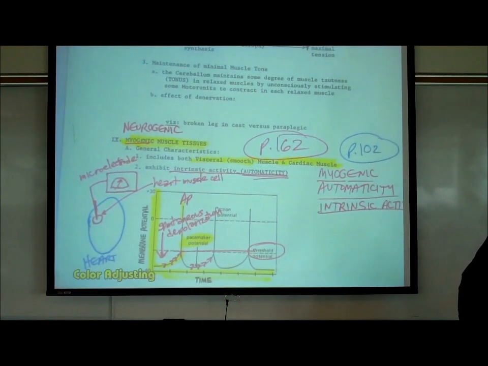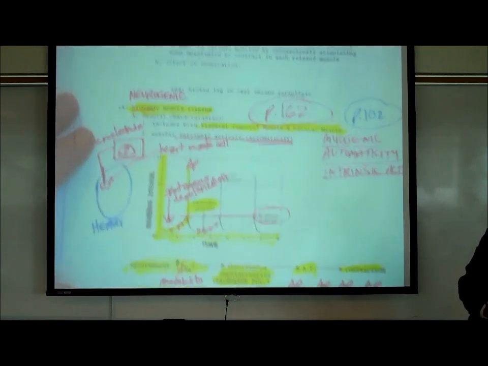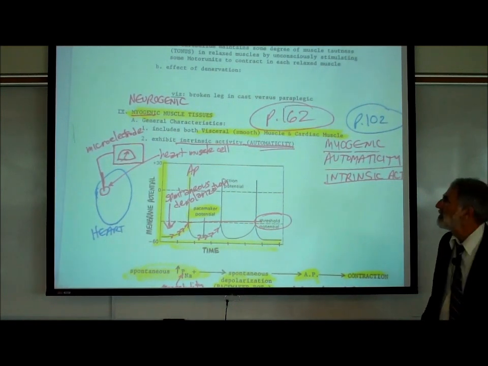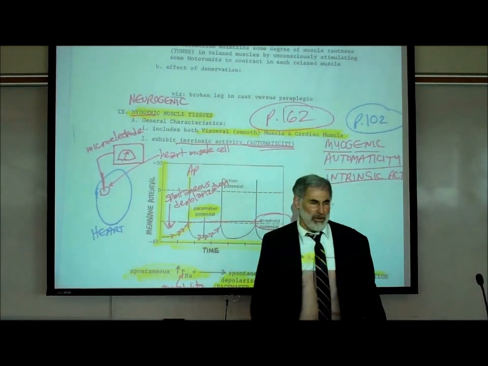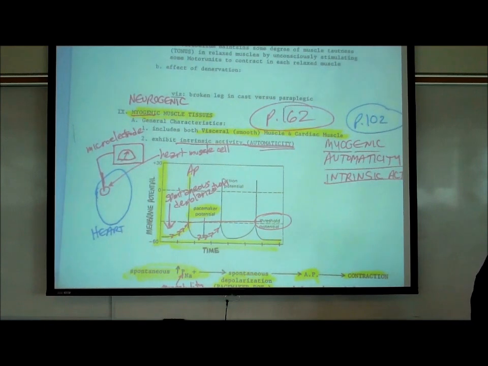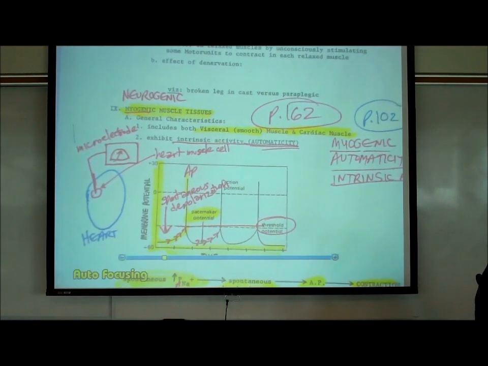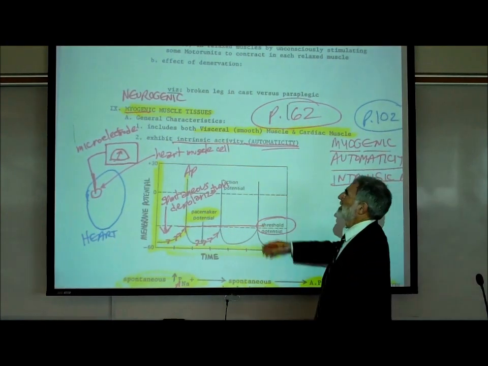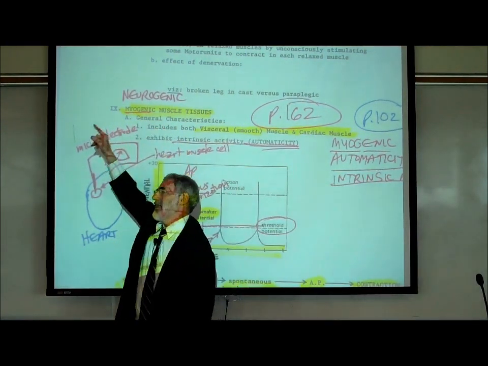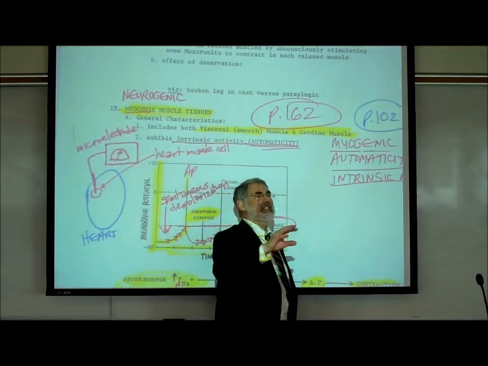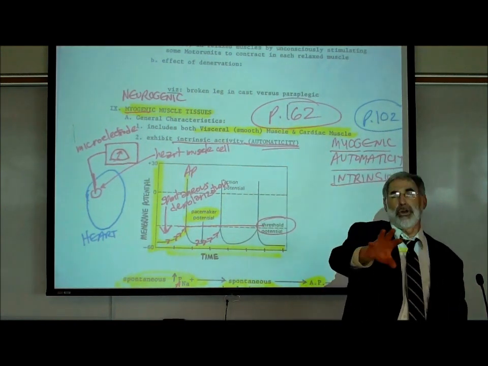So in the middle of page 162, it says myogenic muscle tissues. And I hand wrote right above that neurogenic. Skeletal muscle cells are neurogenic.